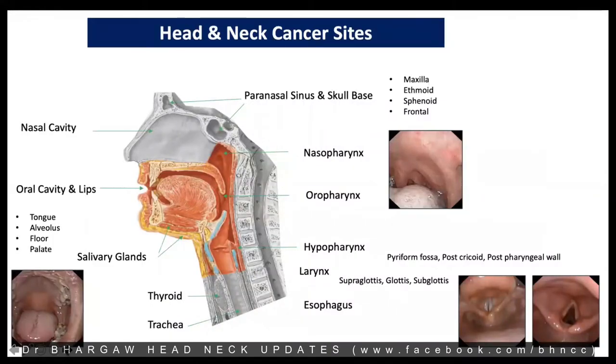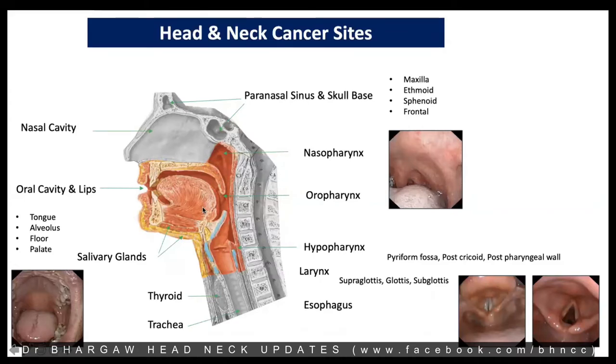Now, these are the subsites of head and neck where the cancer can occur. As long as the tumor is small, it respects certain boundaries. It will be within that particular subsite. But most of the patients who present in India with head and neck cancer, at least 60% of them end up having advanced stage cancer, and it ends up going to multiple different subsites.